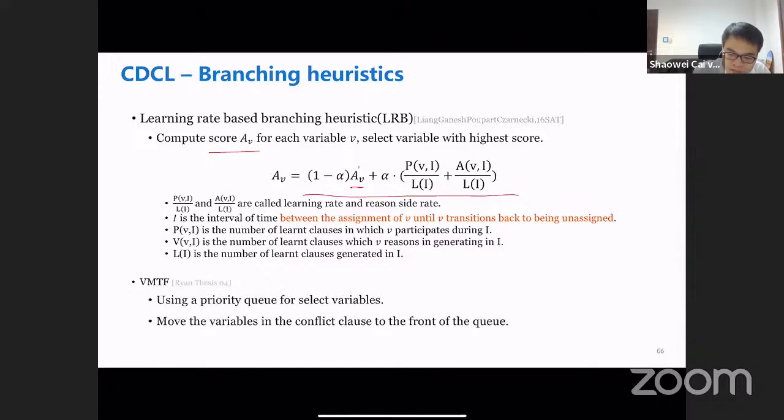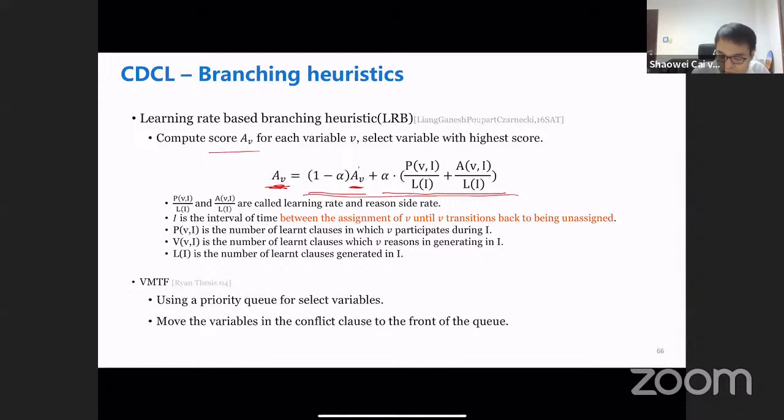We use the prime to show that it's the current value, and after this update, this is the updated value. In this formula, we have a proportion from the current value, and another proportion from the later part. What does this later part mean?